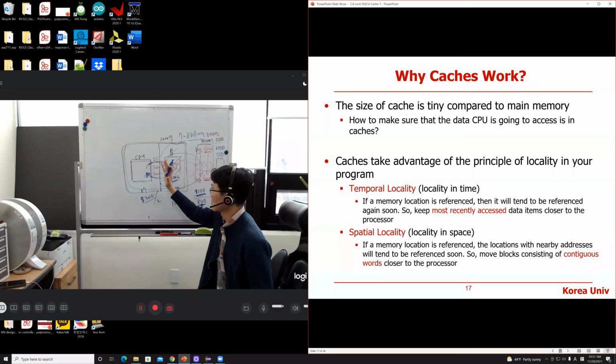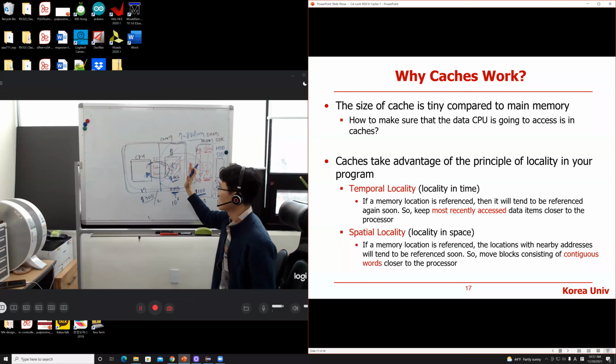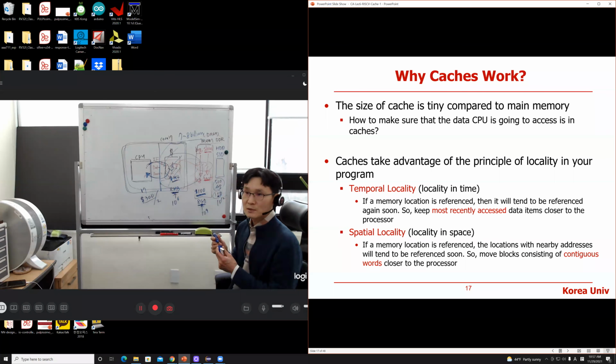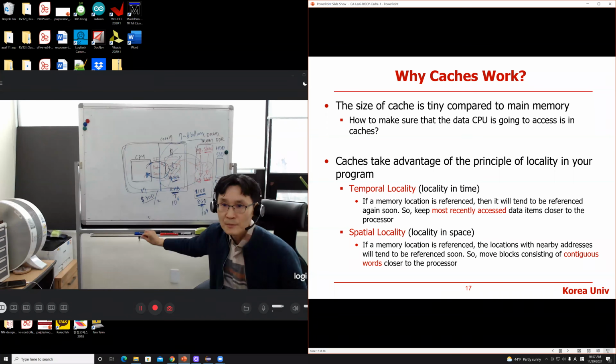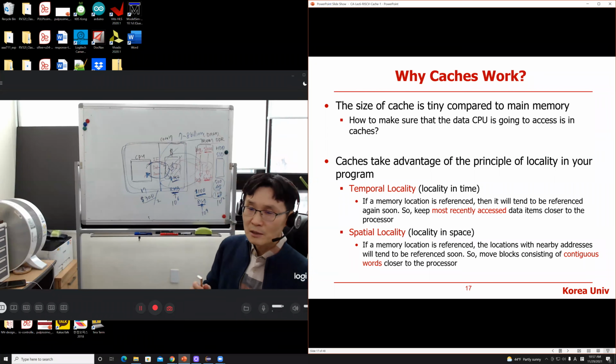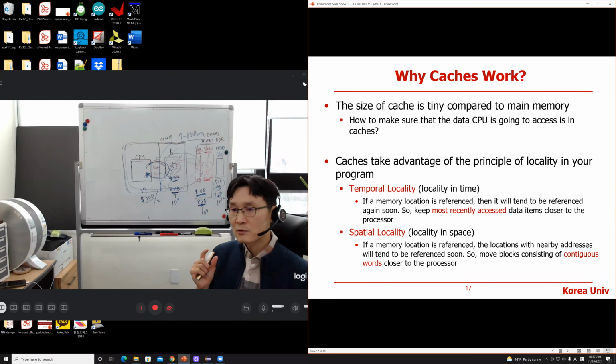Instruction and data supply to CPU. How come? Because there are two kinds of localities in your program. First one is temporal locality and spatial locality. I'm talking about your program, not my program.